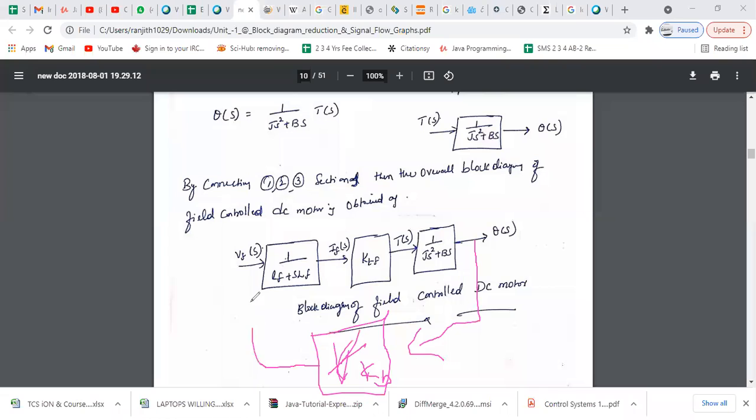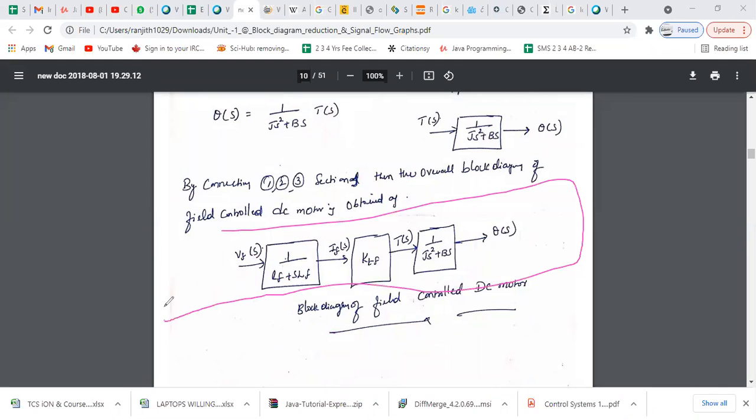We have a summing point with plus and minus, and this is EB of S, and this is VA of S. The resultant voltage output of the summing point is VA of S minus EB of S. Is it clear, all of you, the difference between field control and armature control? Yes, sir.